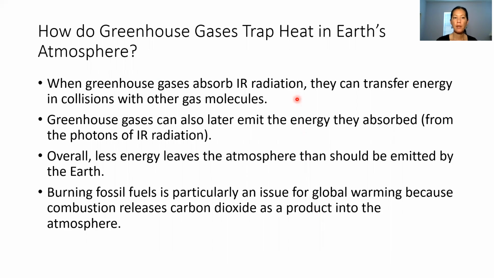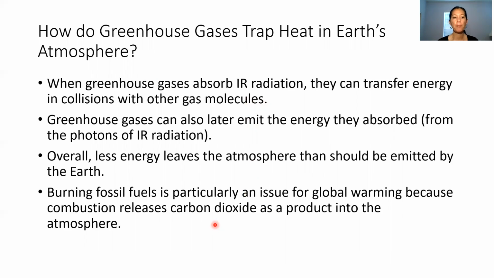So as I mentioned, the greenhouse gases, they'll absorb the IR radiation. They can later transfer that energy in collisions with other molecules or just later emit that energy that was absorbed. Overall, less energy leaves the atmosphere than should have been emitted back to space.